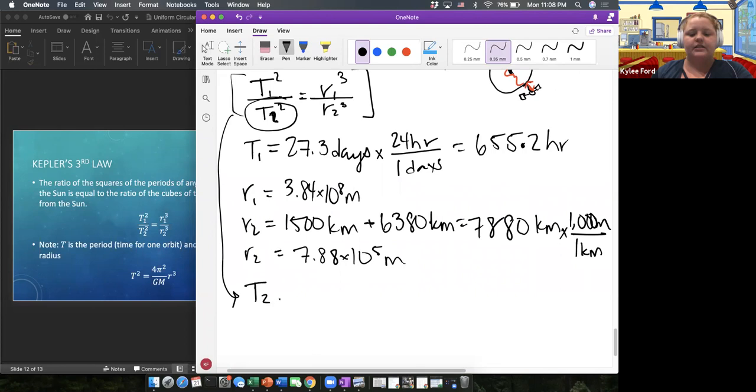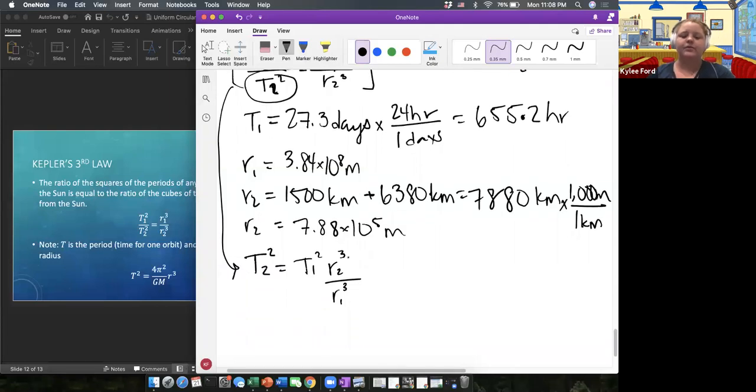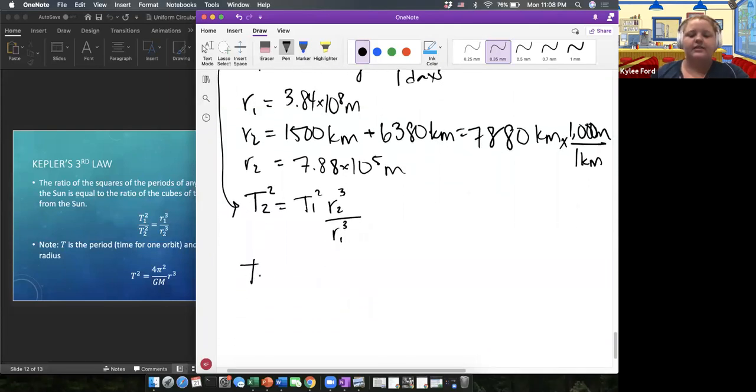I'm going to say T2 squared is equal to T1 squared times R2 cubed over R1 cubed. And to solve for it, I will need to square root both sides so that T2 equals T1 times the square root of R2 cubed over R1 cubed.